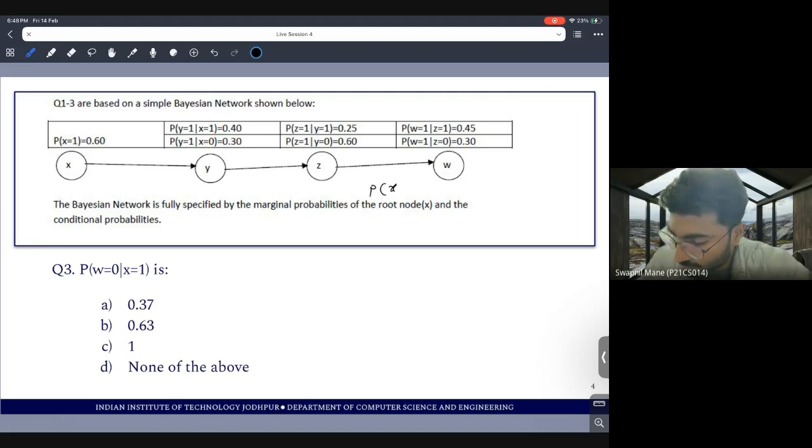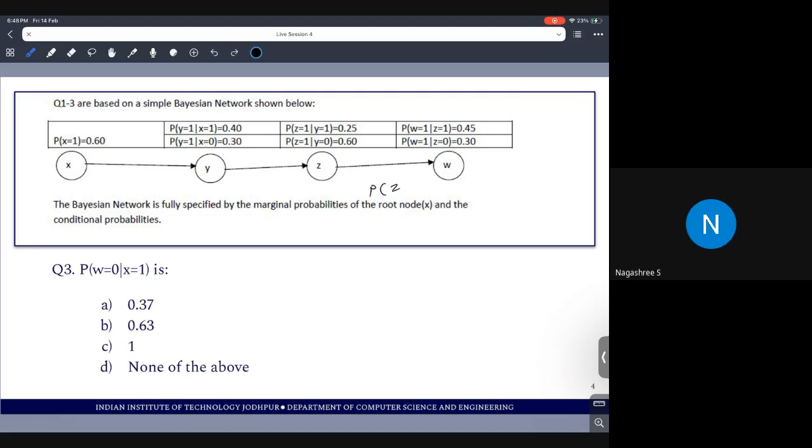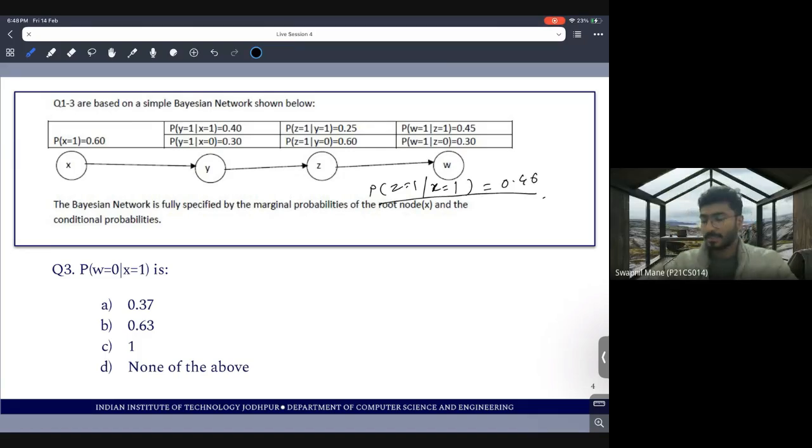Probability. This we have calculated, right? Considering this, you will easily calculate the W value.